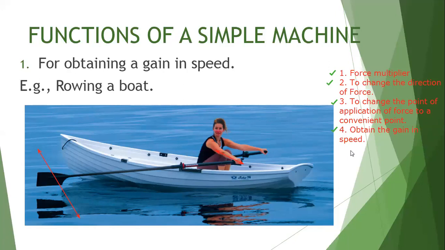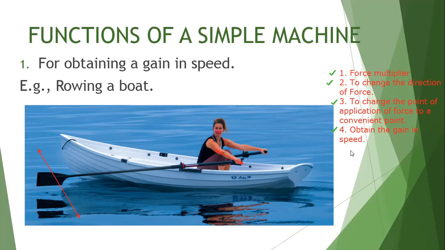It means that I can have a machine which is working as a force multiplier as well as changing the direction of force. Or I can have a machine which works as a force multiplier, changes the direction of force, and also changes the point of application.